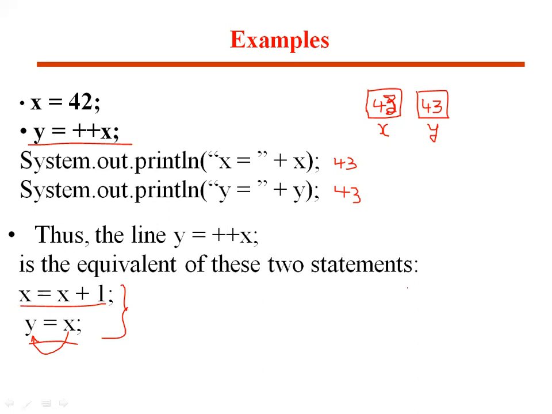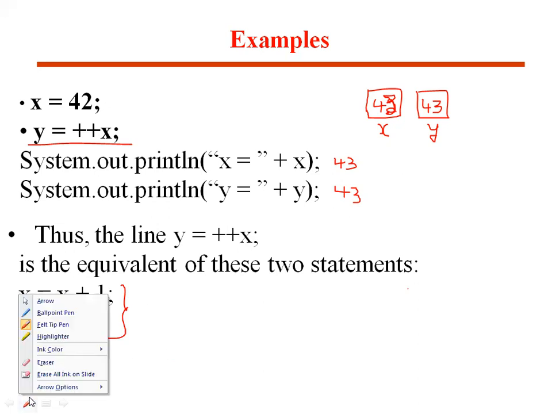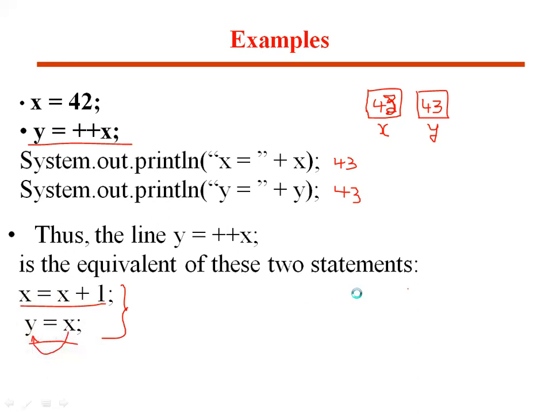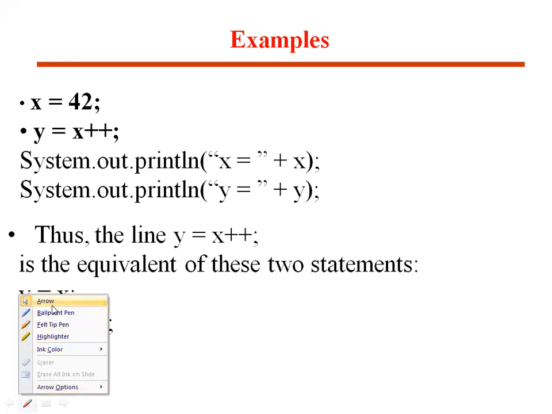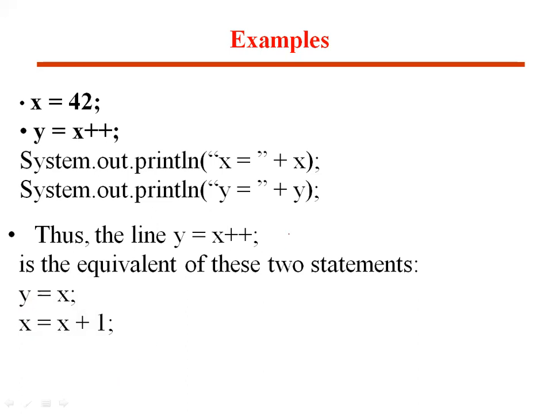Now having known this, let us go to this statement. If I write y is equal to x plus plus, what are x and y values printed here? Give your answers. So first, the print method prints what?